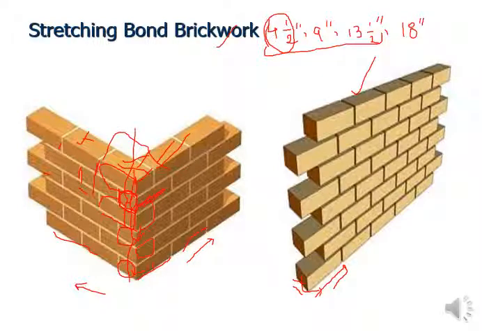So what does it mean? You have to conclude that at the corner or at the junction, your courses are going to be exchanged with each other. Your odd course is going to be converted into an even course once you are at the junction.